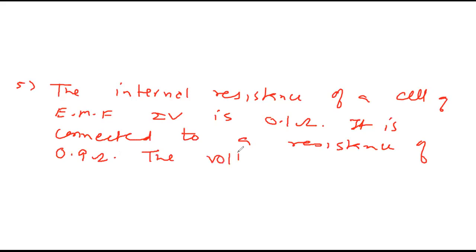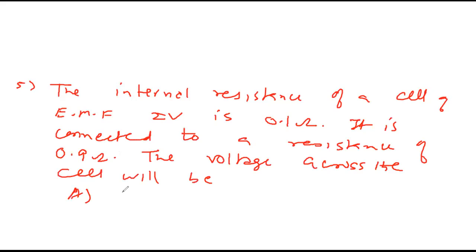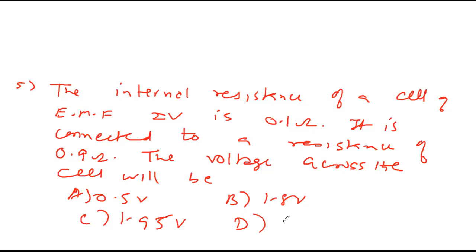The voltage across the cell will be: 0.5 volt, 1.8 volt, 1.95 volt, or 3 volt. Internal resistance of the cell whose EMF is 2 volt is 0.1 ohm.